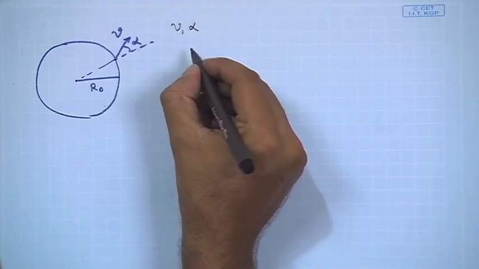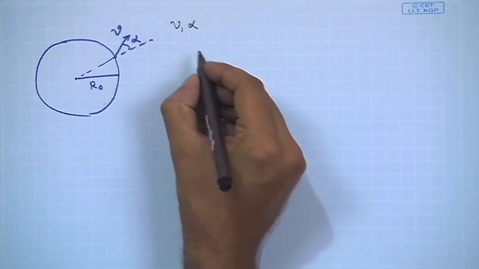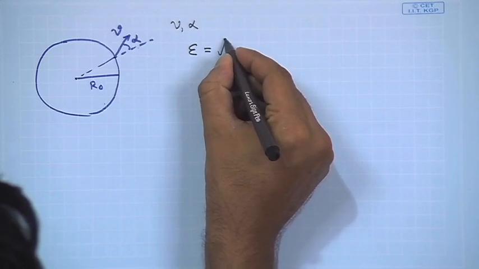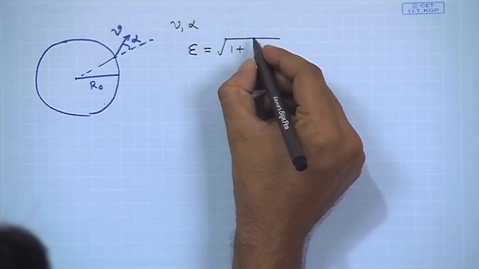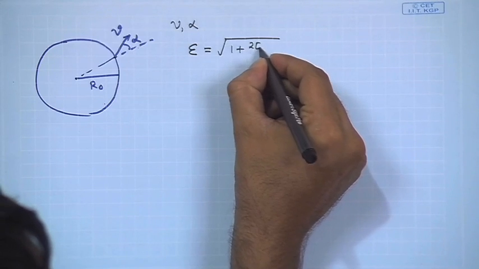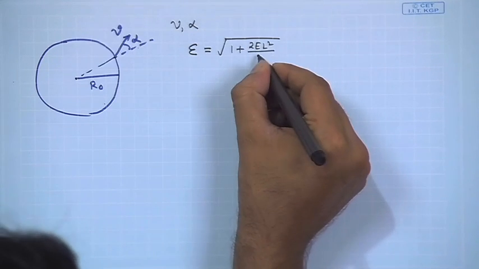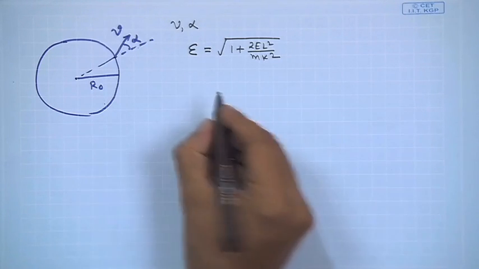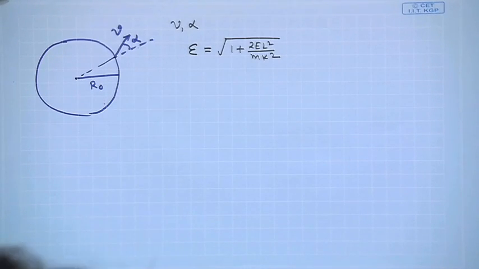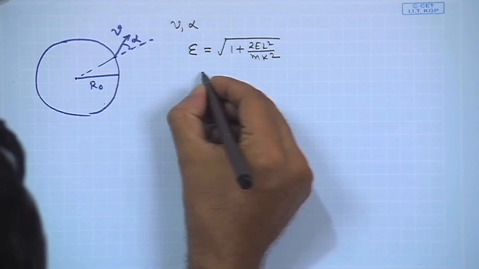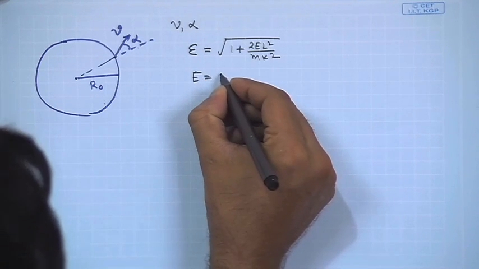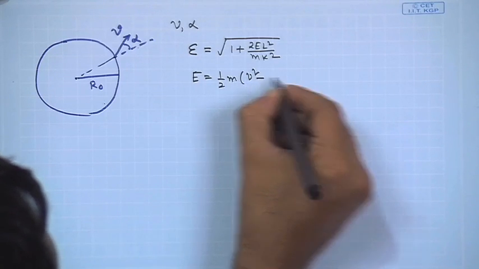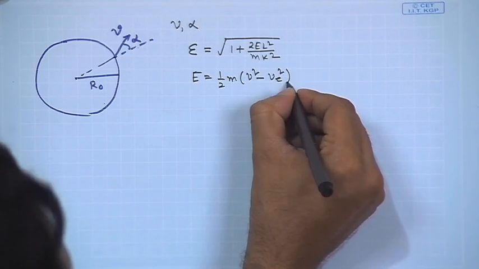Now, all this will be discussed in terms of the eccentricity expression, which is given by 1 plus 2 E L square by m k square. Now, E, as we have discussed just now, can be replaced by half m v square minus v e square.